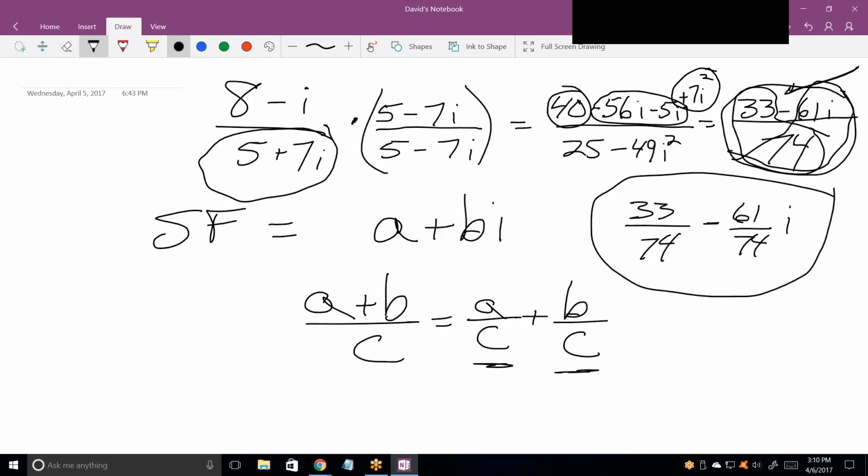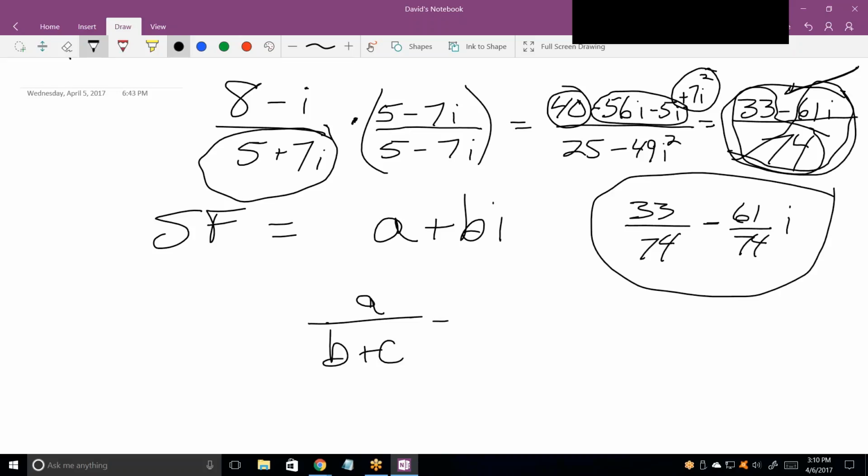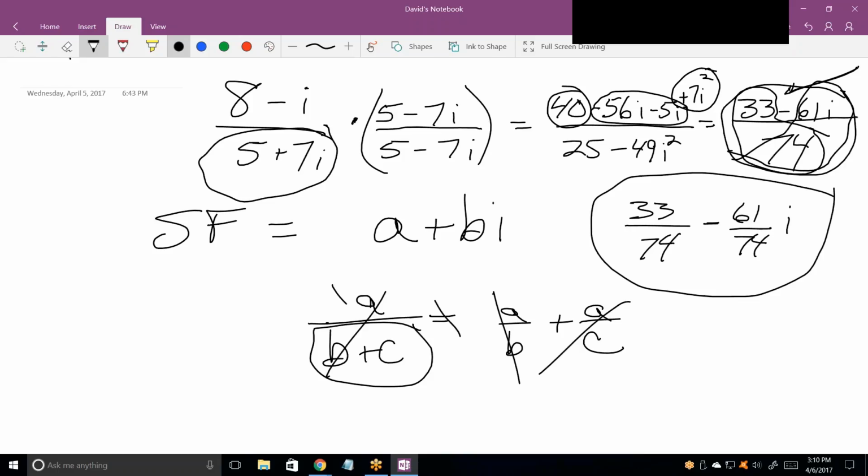Now, make sure you don't ever make the mistake that some people tend to make: A over (B plus C) is not equal to A over B plus A over C. That is bogus. You have to have a single denominator to be able to split it into multiple fractions. Okay? All right.